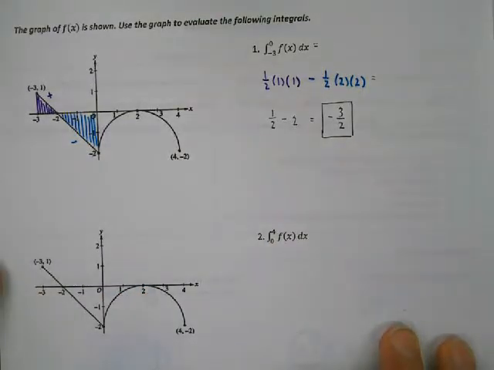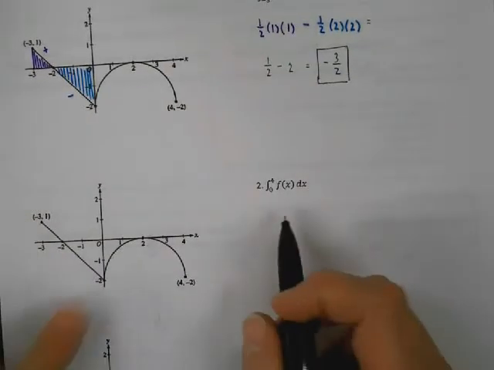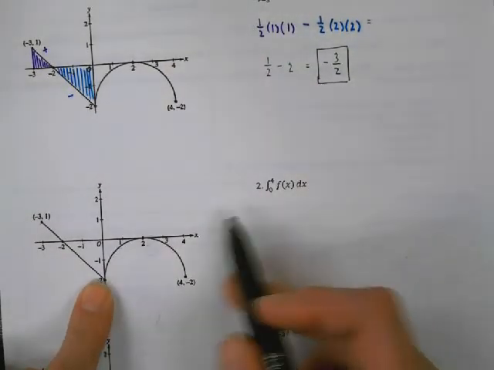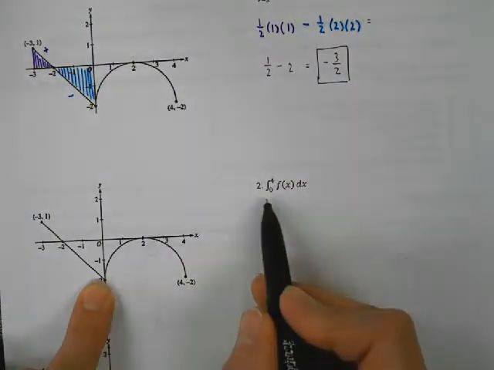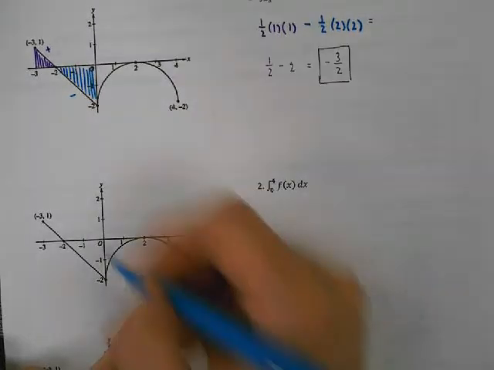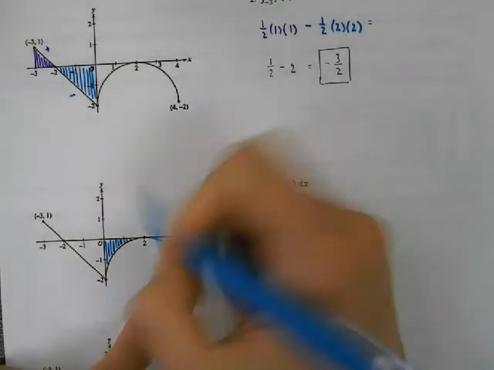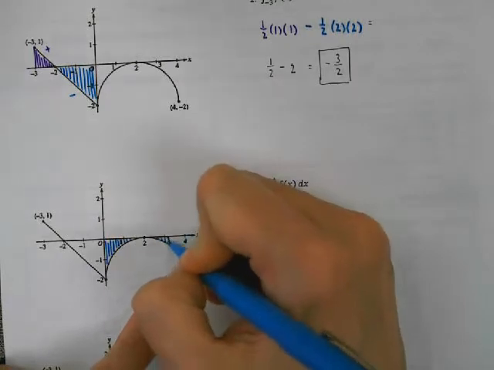All right, let's look at another one. In example 2, I've got the same graph, but now I'm looking at the area between 0 and 4. Again, I'm using blue because this is below, and actually it's below the whole way, so I just have negative areas.